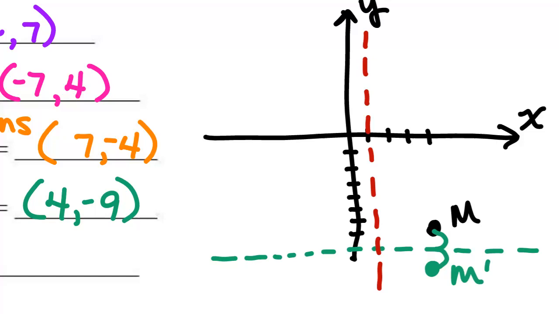That's at 4, -7. That's at 1. 3 hops. 1, 2, 3 hops to get here. So 1, 2, 3 hops on the other side. That's where M prime would be.